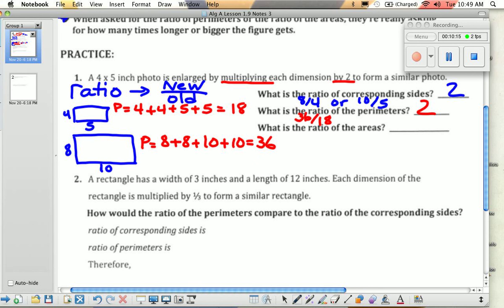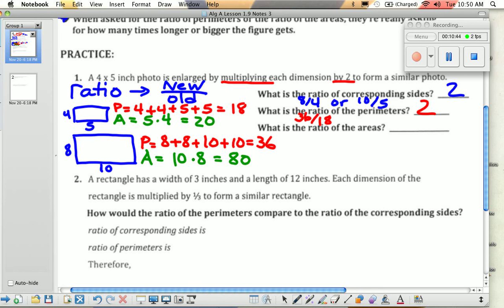Okay, our next question is, what is the ratio of the areas? So how do we find the area of a rectangle? Length times width, so 5 times 4. What's the area of the original photo? 20. Let's find the area of the new one. 10 times 8, and that equals 80.